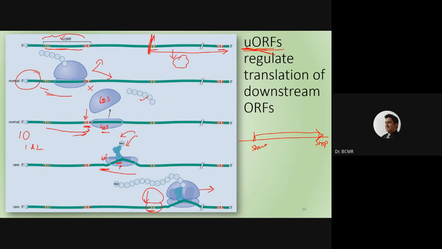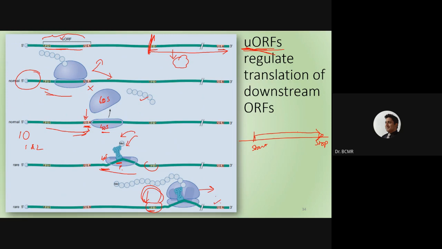And then, even more rarely, it might reach the downstream start codon, an initiation complex may form, and translation of the second open reading frame may happen.